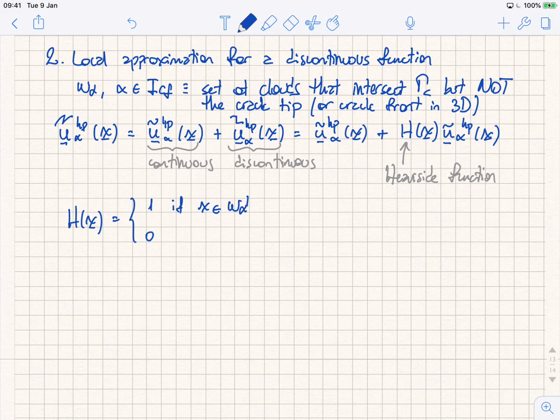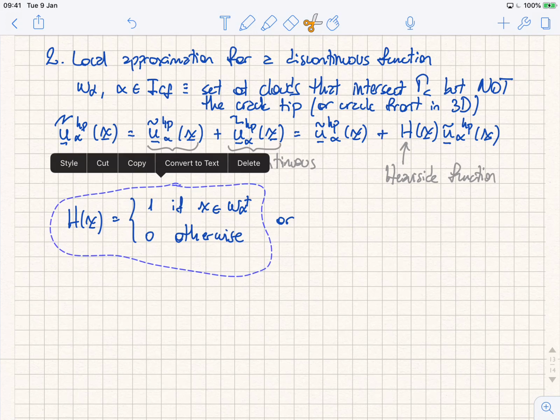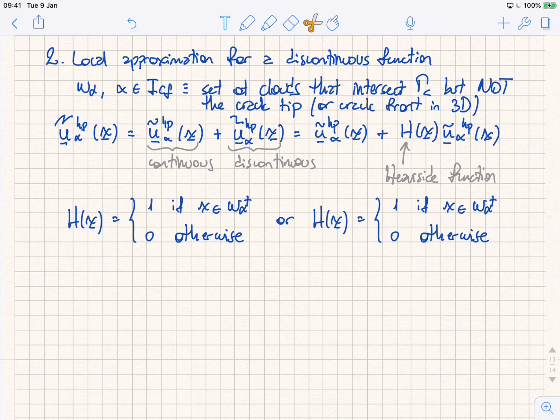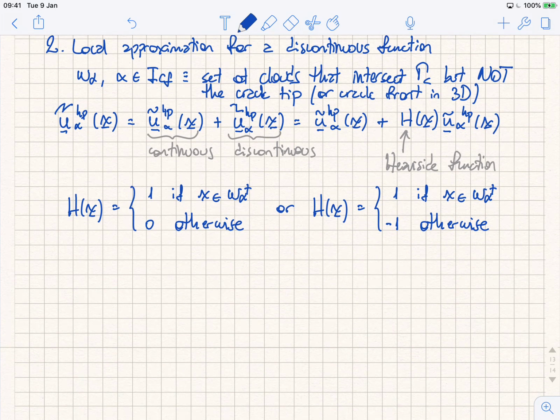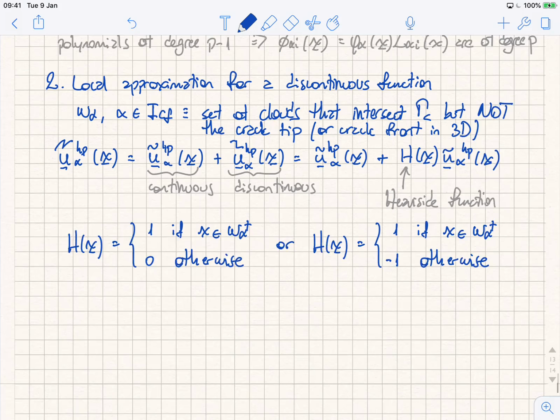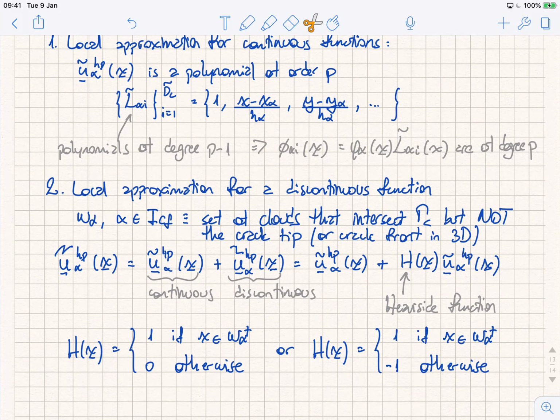So here I say W alpha positive, 0 otherwise. Or, let's just copy this. Okay. And well, for the smooth part, again, this doesn't change. It's the same as before.